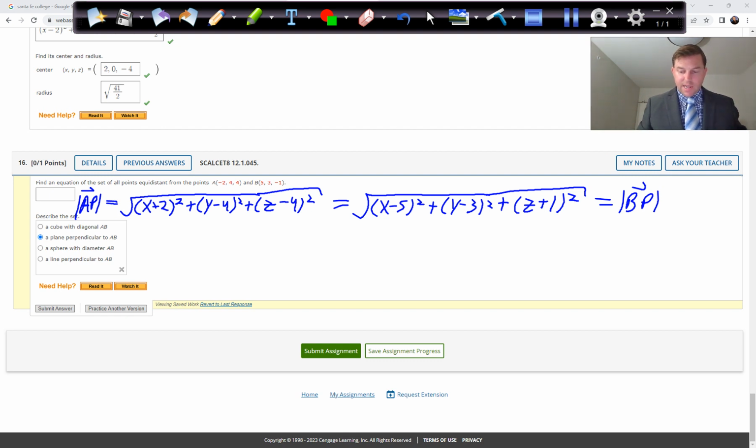And on the right-hand side, those numbers come from point B. Again, negative numbers will flip. So 5, 3, and minus 1 becomes plus 1. Okay, now we can square both sides and just get this, x plus 2 squared, y minus 4 squared.